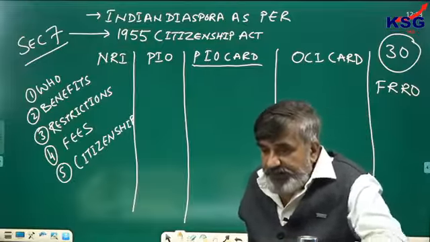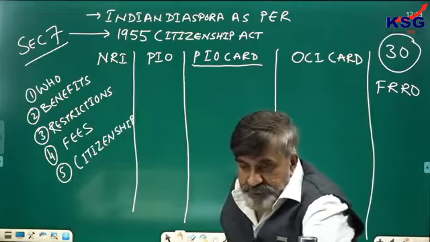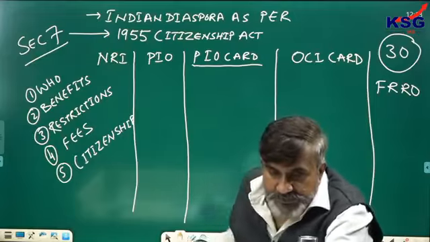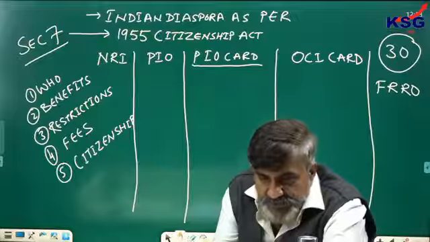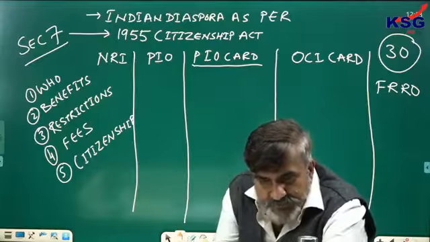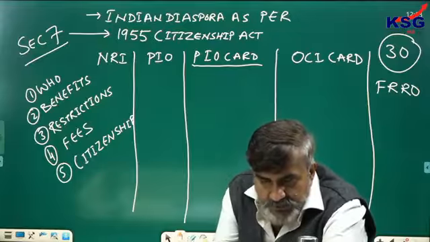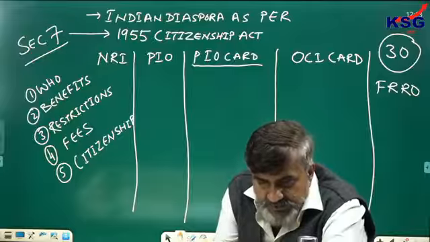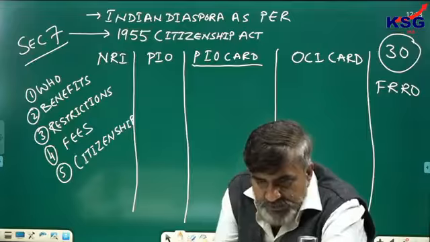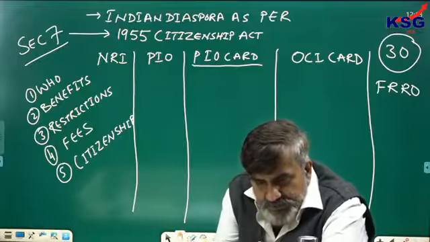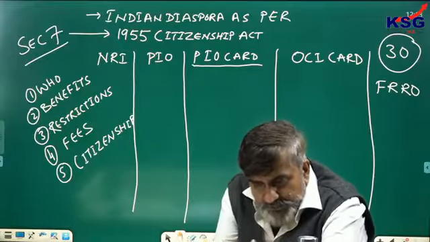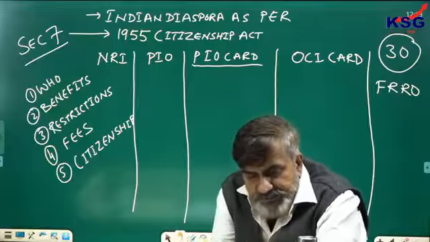So okay, before dictation, lots of questions came. Indian ambassador residing outside, yes, he is called NRI. What is the nationality of people in POK and Aksai Chin? The day they will be merged with India, all their people will become Indian citizens.